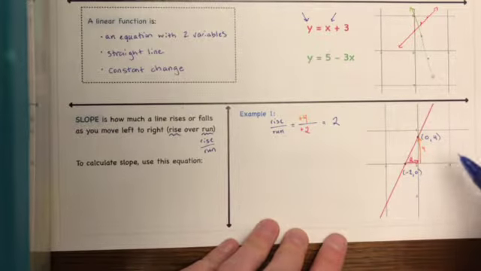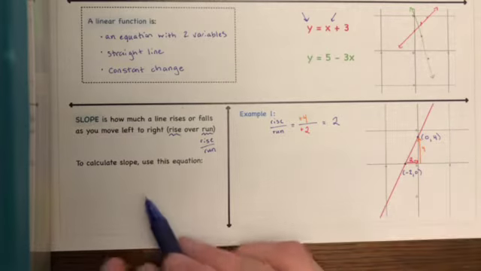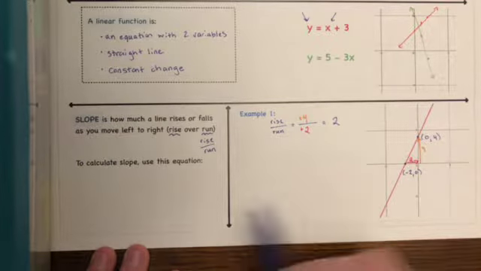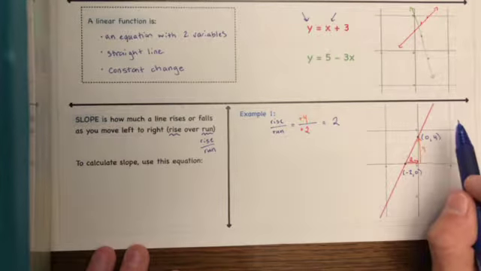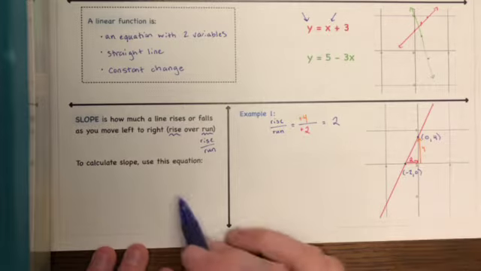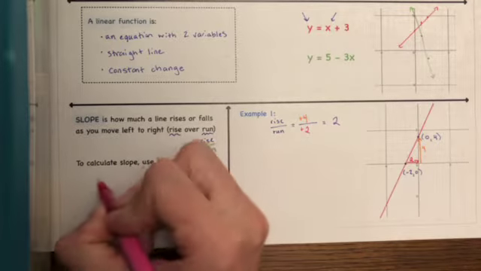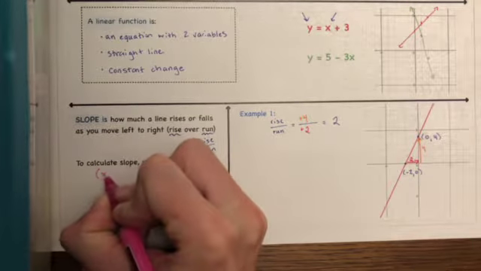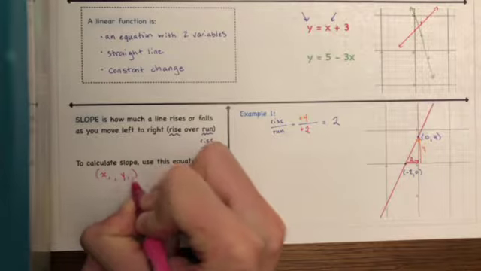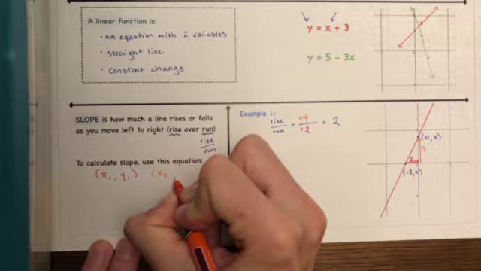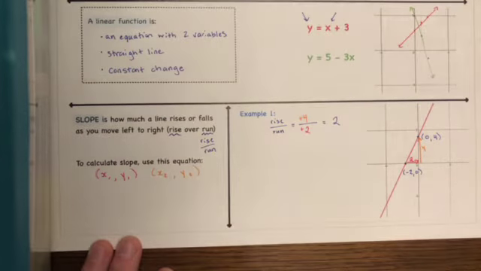Sometimes we don't want to draw it out, or the graph is a little unclear, or we've just been given points. So we also have an equation to calculate the slope, especially when we have points that are very far apart or we don't want to do that counting. The equation for slope looks like this. To do this, you need 2 points. We're going to say that we have a point x1, y1, and another point, which we'll call x2, y2.